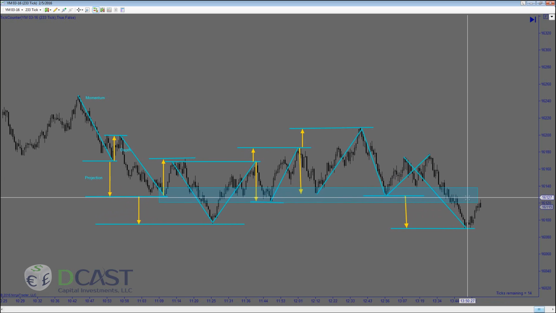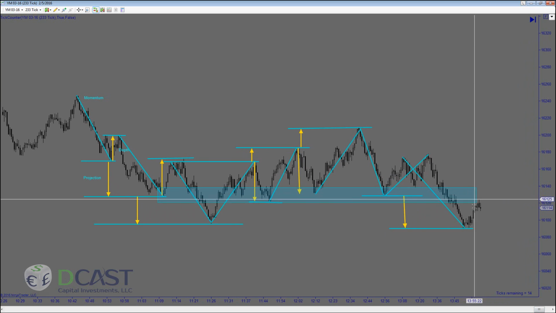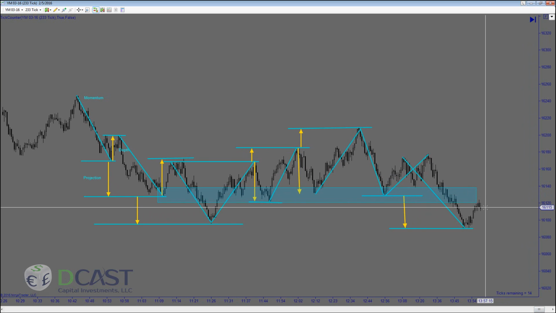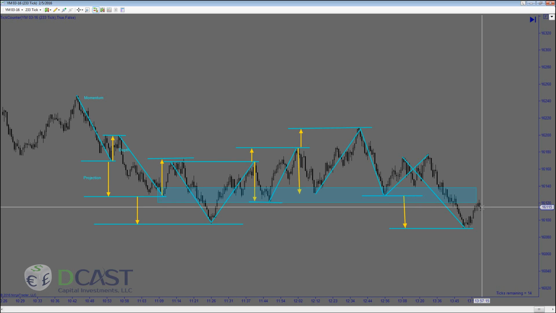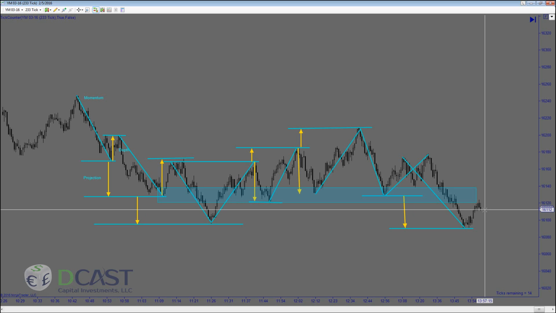Okay, and we see this area right here that would be consistent with an expectation to have, say, that price is probably not going to get much further than this, and the expectation of new structure low is something that we would expect.